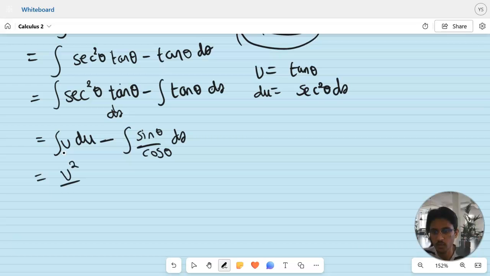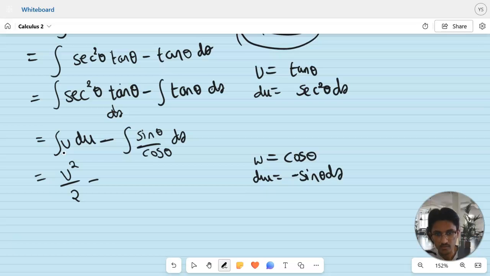It's going to be u squared over 2 minus, and now what we're going to do over here is introduce another u sub. Since we already used u, we're going to use w. Let w equal cosine theta, so dw would be equal to negative sine theta d theta. That's the derivative of cosine.